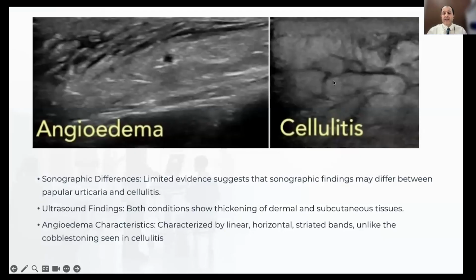Unlike in cellulitis, there is no specific pattern. Some are linear, some oblique. So in angioedema it is more structured, linear and horizontal, with striated bands. But again, the evidence is very limited.